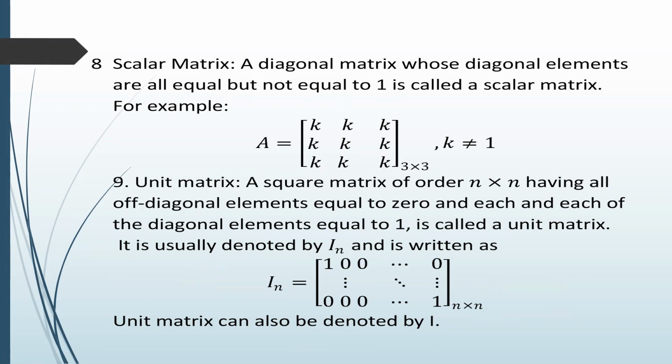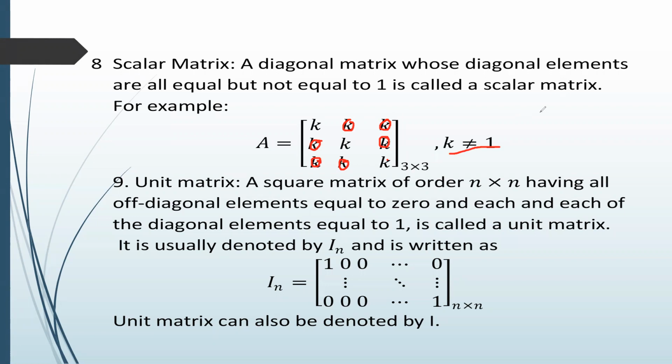Okay, if we say diagonal matrix, it means that only diagonal elements will be non-zero and all the other elements will be zero. Now this is a diagonal matrix of order 3 by 3, and here the value of k is not equal to 0. Okay. So is that clear? What is this scalar matrix?